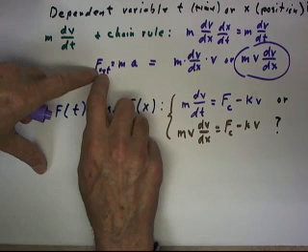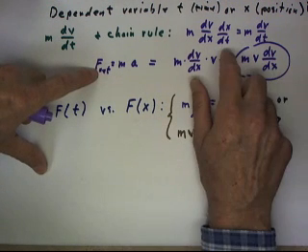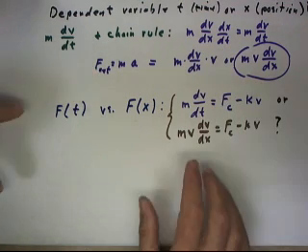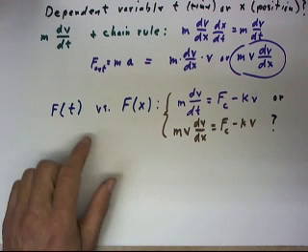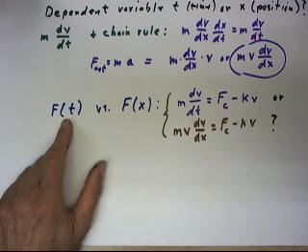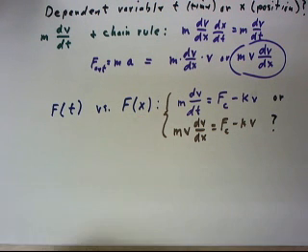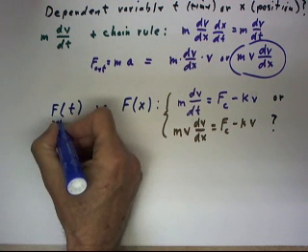If our net force is known as a function of position rather than as a function of time, then this is a very handy tool we can use. So we consider the advantages of considering f as a function of t versus f as a function of x. You might say that's f net.